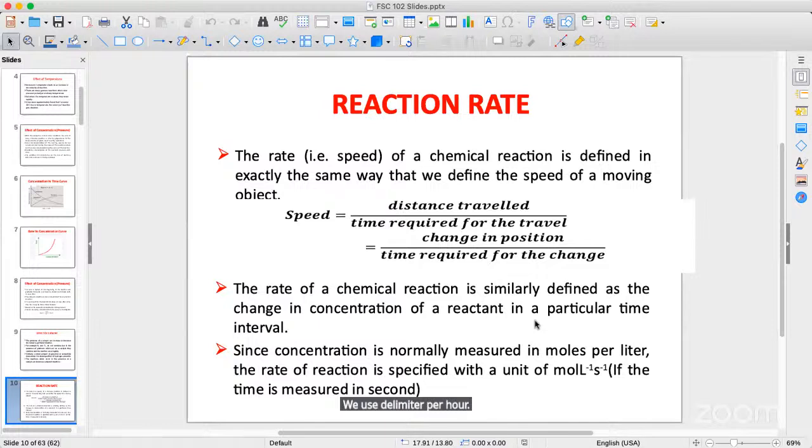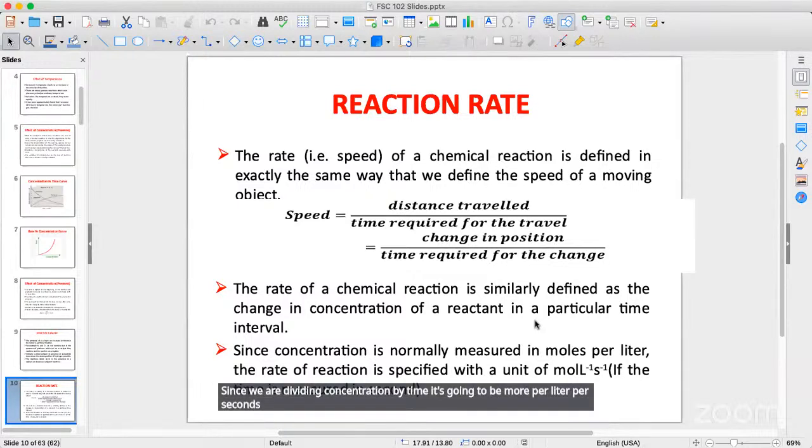While for rate of reaction, since we are dividing concentration by time, it's going to be mole per liter per second, because the unit of concentration is mole per liter, while the unit of time is seconds. Then you're going to have mole per liter per second. More often than not, that's what we use.